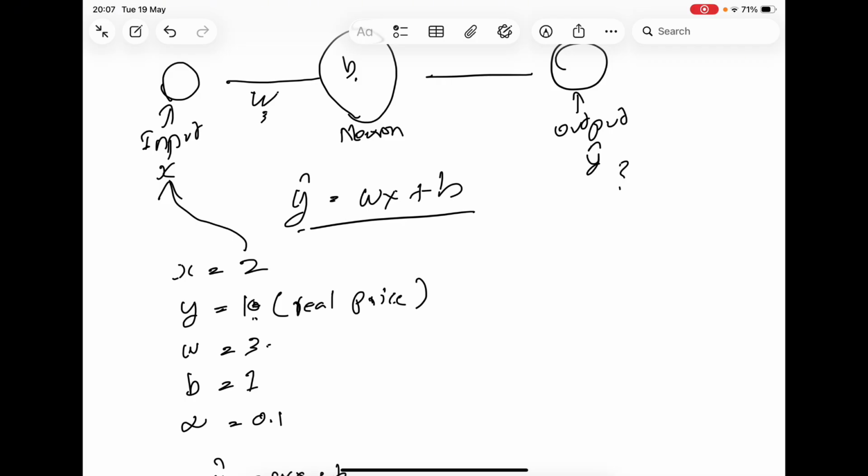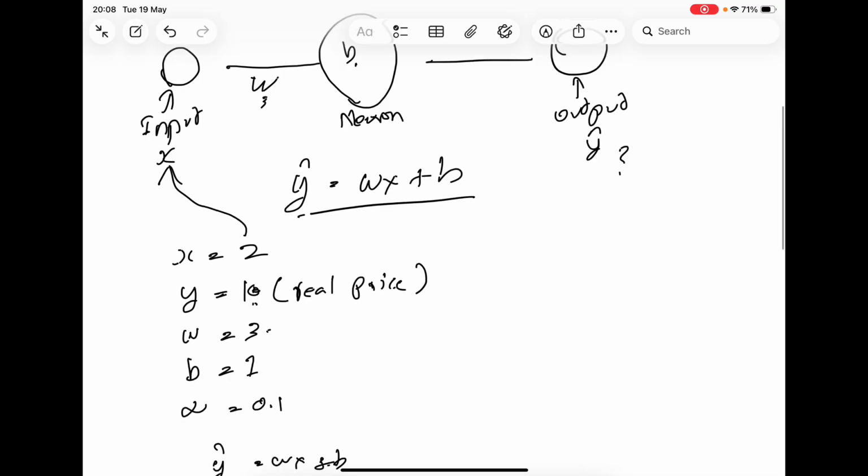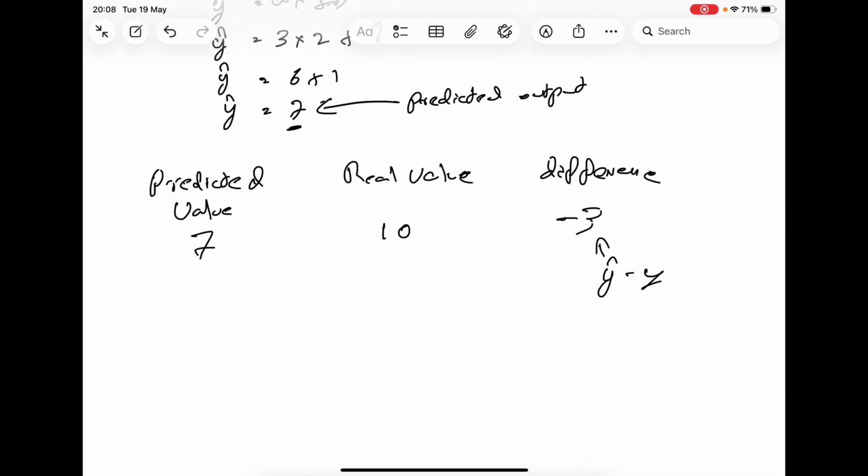But when we initially initialize all these weights and bias and run this neural network, we get a value of $3,000, right? So the predicted value is $2,000 below our real value. That's what it means, right?